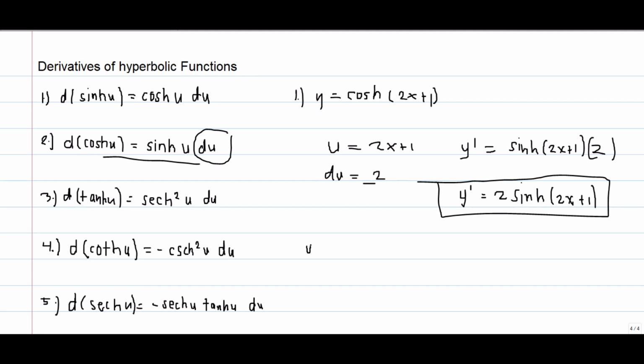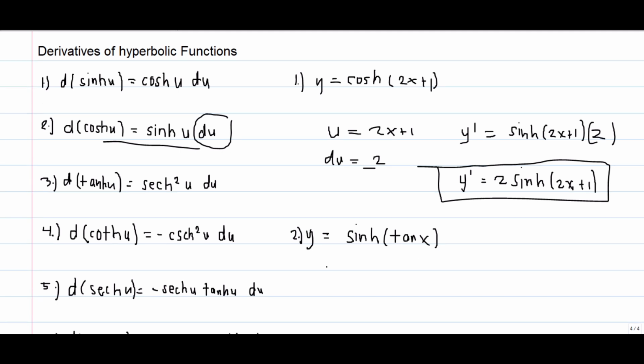Again, another problem, number 2. For example, we get this problem, given y is equal to sinh of tan x. Let's say u here is equal to tan x.